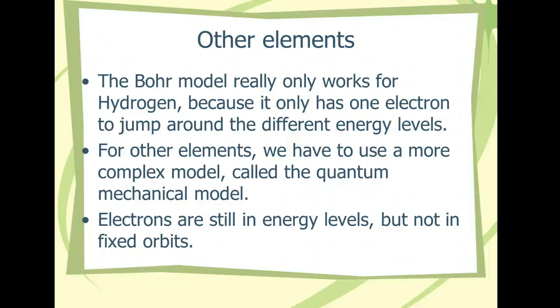We're going to get into this in a lot more detail come Friday and Monday, the quantum mechanical model, because the electrons aren't just simply in rings around the atom. They're in a much more complicated series of places. There are still energy levels, but they're not in fixed circles around the nucleus like the Bohr model shows them. So like everything else in life, it's not so simple.